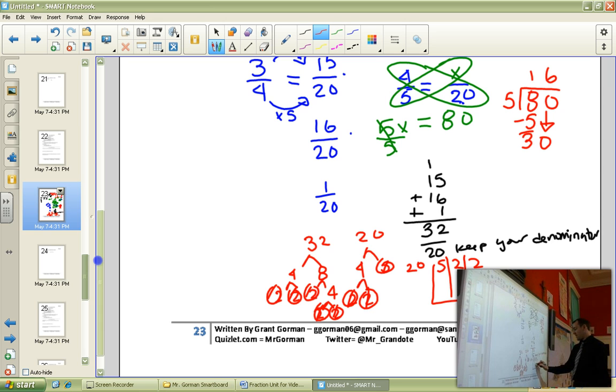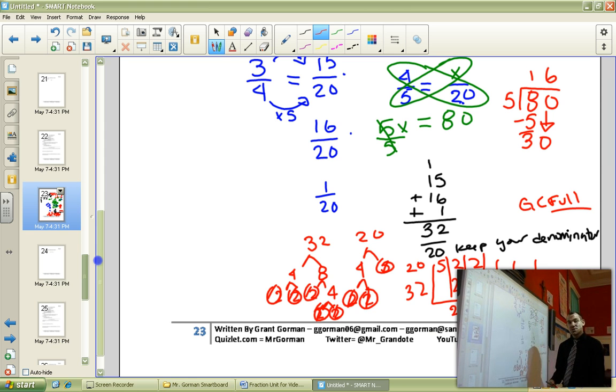I only have 2's, and I have 5 of them. Remember, for our greatest common factor, we can only use the matches, the columns that are full. So our only full columns are 2 and 2. Multiplied together give us 4.